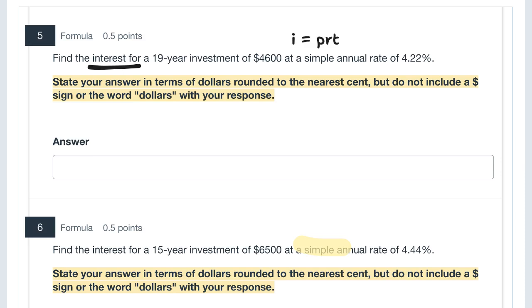So this is probably the simplest, most straightforward one on the entire homework. I is PRT. So in this case here, the interest is equal to the principal of 4,600 times the rate, 0.0422, times the time, 19.